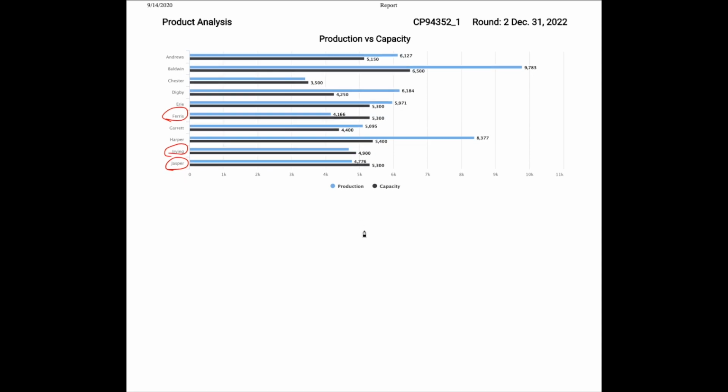And some of the teams, like Team Baldwin and Team Hopper, are using their capacity very well. It's maybe because they are using the second shift or some other things they did for their plant, so they fully use their capacity.